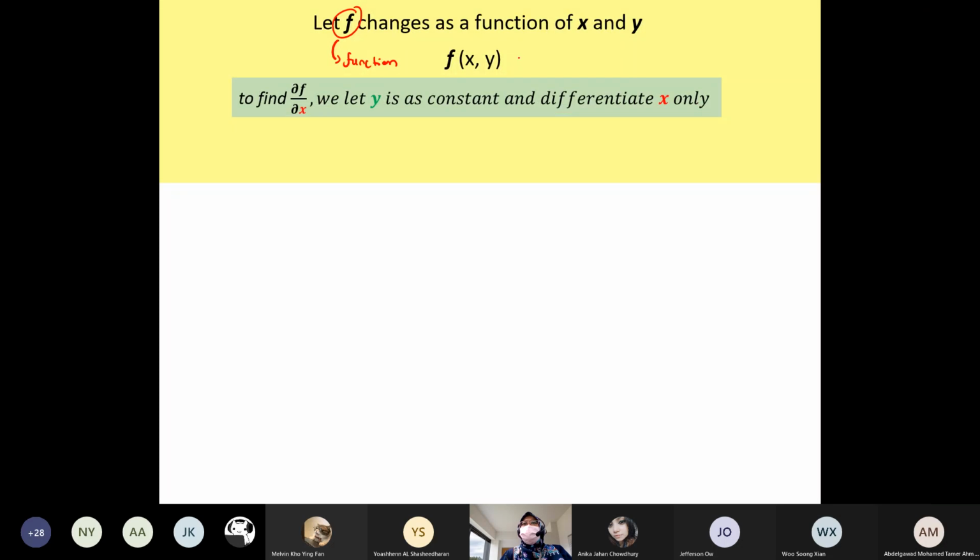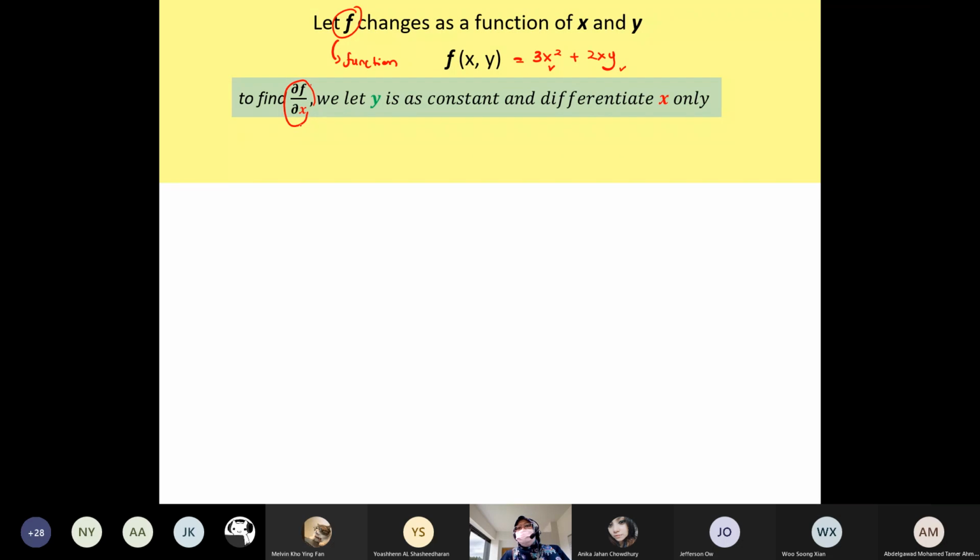Let's say I have a function of 3x squared plus 2xy. I know that this function has x and it also has y. So how can I get df over dx?